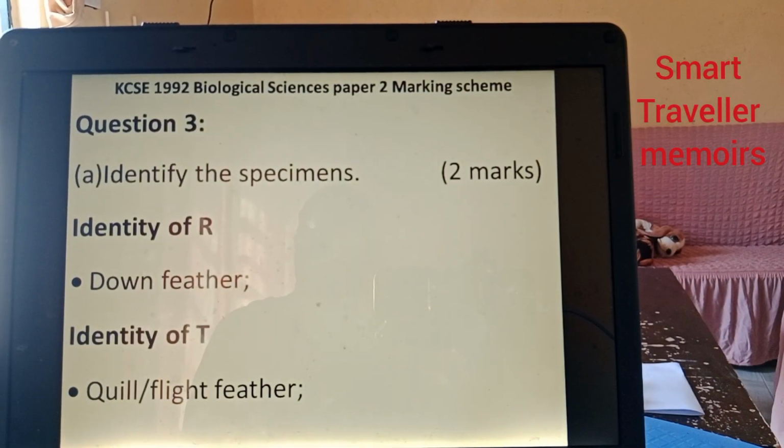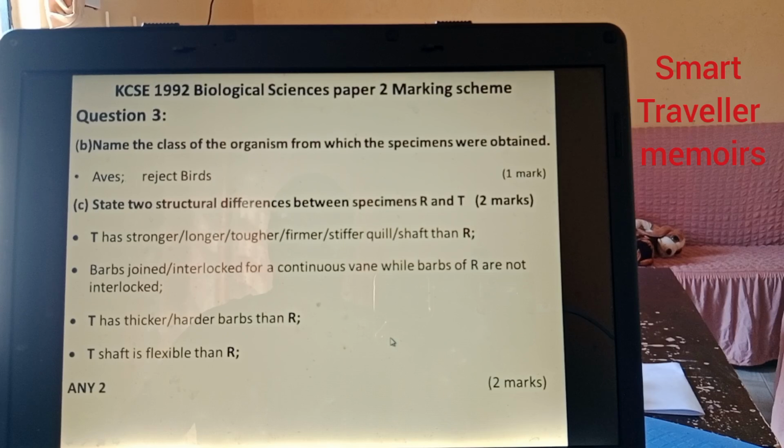So identify the specimens. R is down feather. T is quill or flight feather. Name the class of the organism from which the specimens were obtained. And the class is Aves. Reject the word birds.